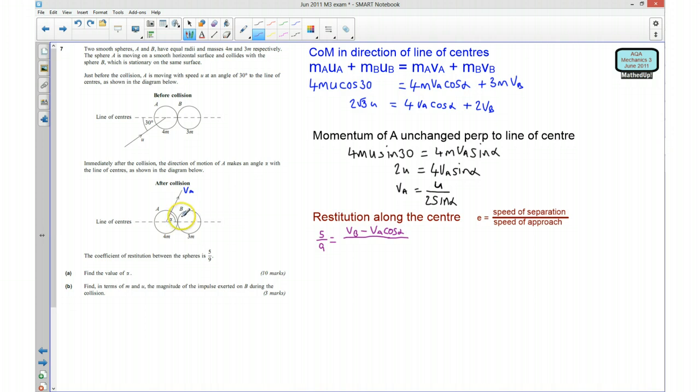Okay, so that's the speed that they're going to separate by, and also the speed of approach.